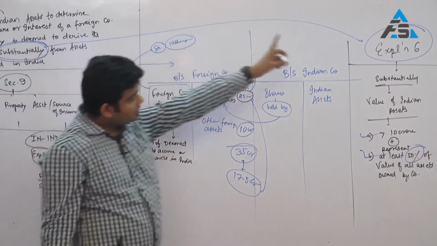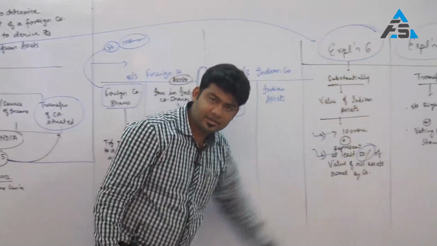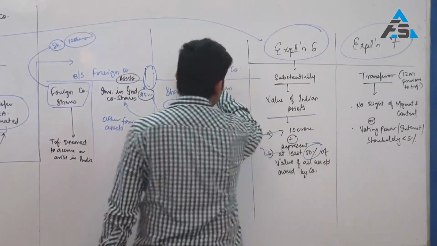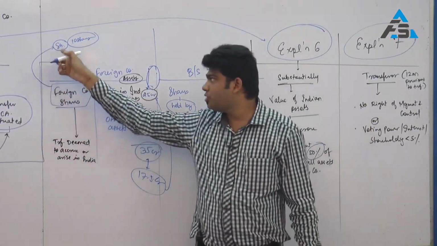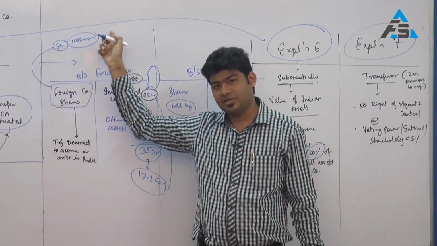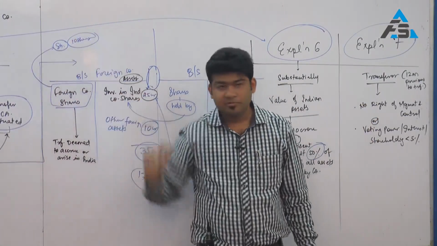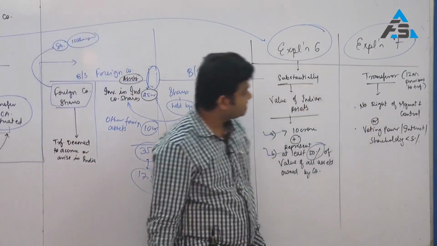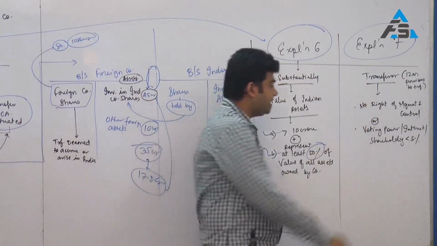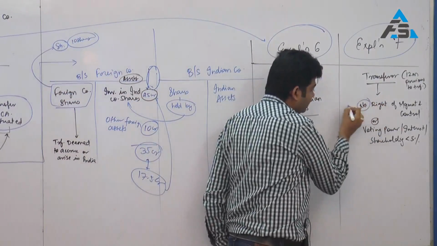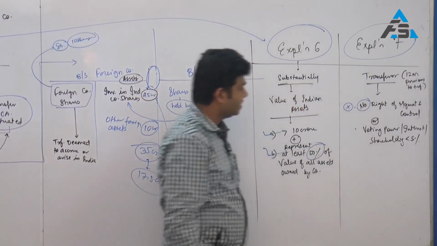In that case, explanation 7 is invoked, which says that in the 12 months previous to transfer, if this small shareholder is transferring his shares, we will see whether, before 12 months from the date of transfer, he has any right of control and management. If the answer is no, then he is saved.